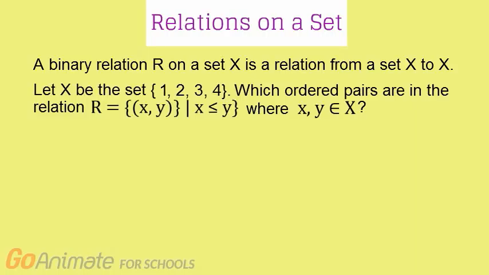How do we answer this question? The objective is to collect all ordered pairs that fulfill the condition X less than or equal to Y, where X and Y belong to the set {1, 2, 3, 4}.